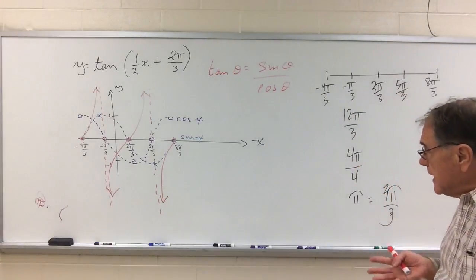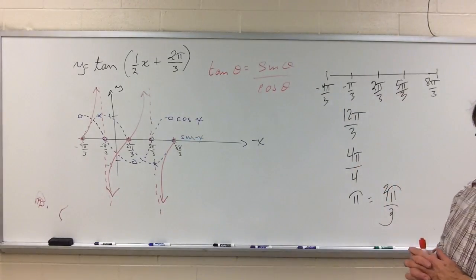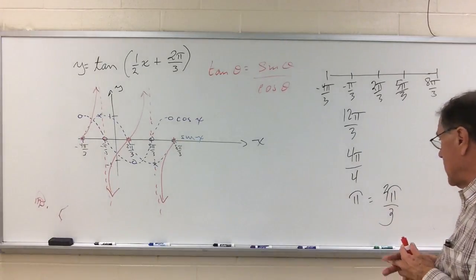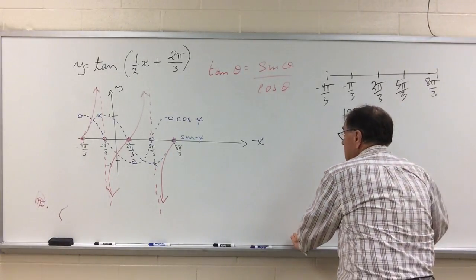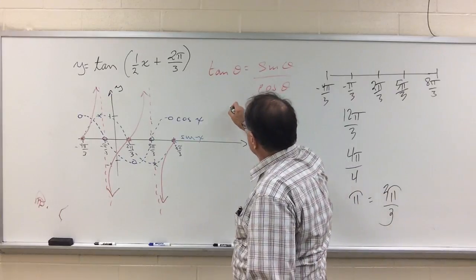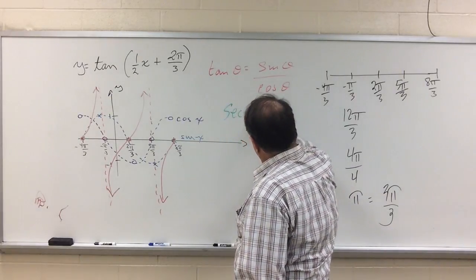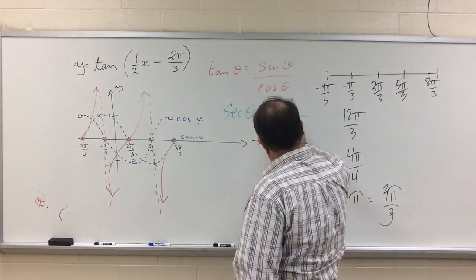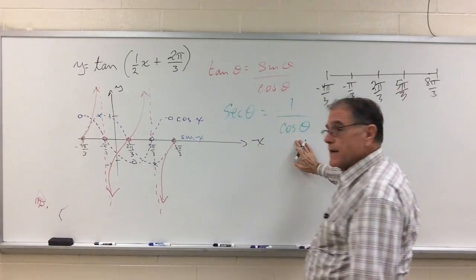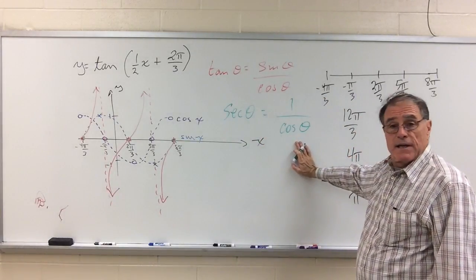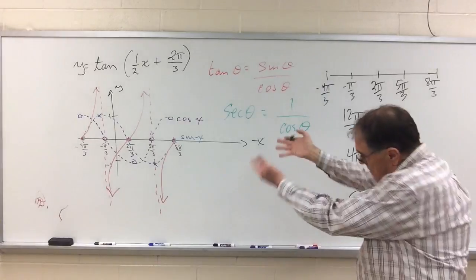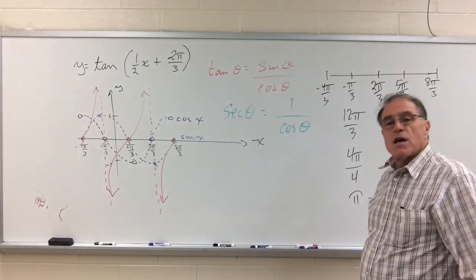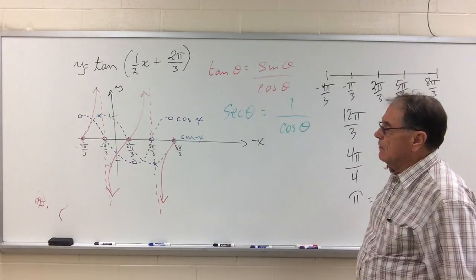Since the secant is 1 over the cosine, when the cosine is 0, secant is undefined. Since the graph is sitting here, let's go ahead and graph the secant in green.